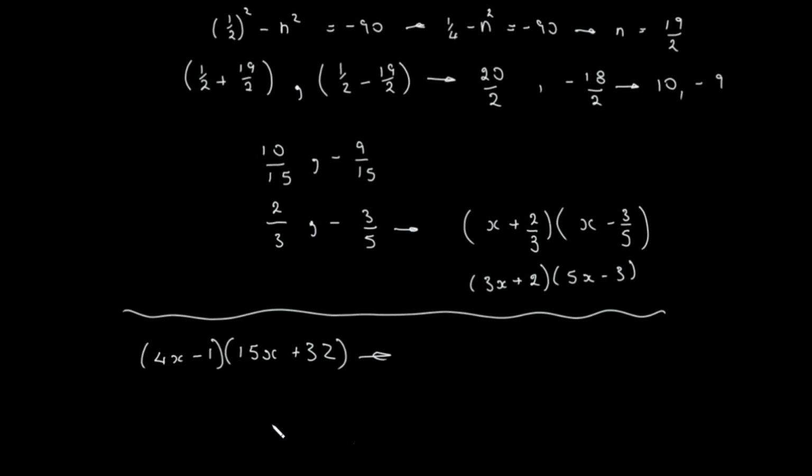These are just example numbers. Start off using simple or low value numbers. You could have 2x minus 1, x plus 2. Right, low value numbers, so your brain doesn't have to work so hard.